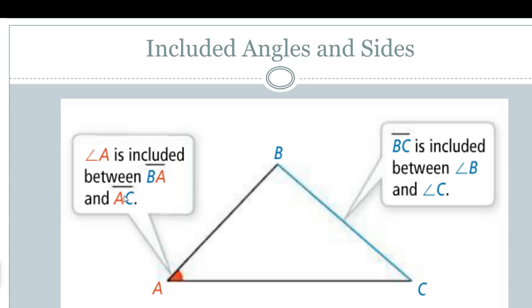Now if you look here, BA and AC, they both contain the letter A, which means A is the included angle. Now we're also going to look at an included side length, which means it's going to be surrounded by two angles. So side BC is the included side that's between angle B and angle C.